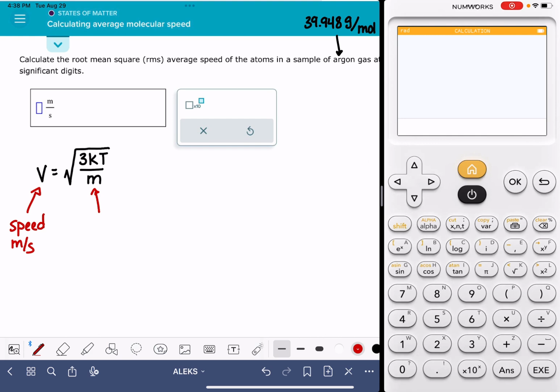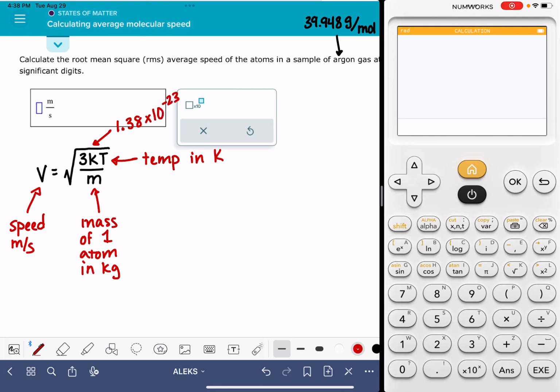M is the mass of a single atom, so we're going to have to be careful with that. The mass of one atom needs to be in units of kilograms. T is the temperature, and that needs to be in units of Kelvin. And this lowercase k is a constant called the Boltzmann constant, and it is 1.38 times 10 to the negative 23.